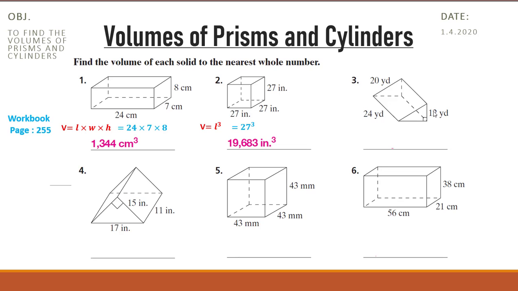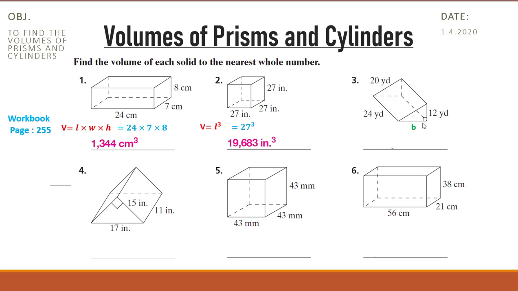Number 3, we will find first the base area. Here I will do this in 2 steps because this is not easy to do in 1 step. Focus with me, whether you solved the question or not, please focus with me. We will start with finding the length of the base, b, this one, small b.